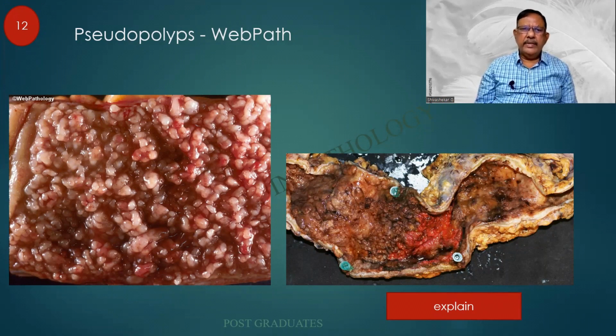Ulcerative colitis by itself is known to predispose to malignancy. But then you find that pseudopolyps do not. Compare my statement with the previous diagram. I told you that the superficial cells will not lead to malignant transformation. It will be the deeper cells in the crypt. So this is the pseudopolyp.